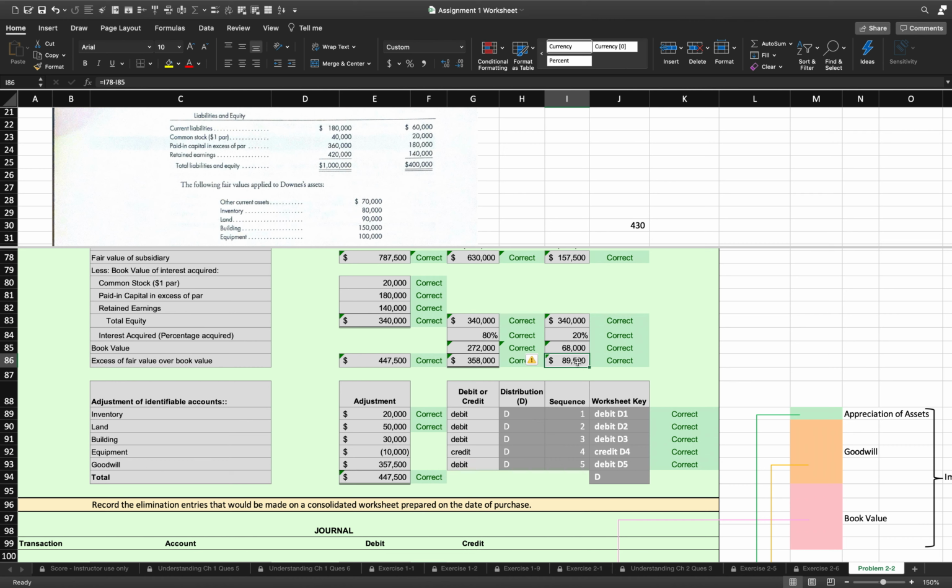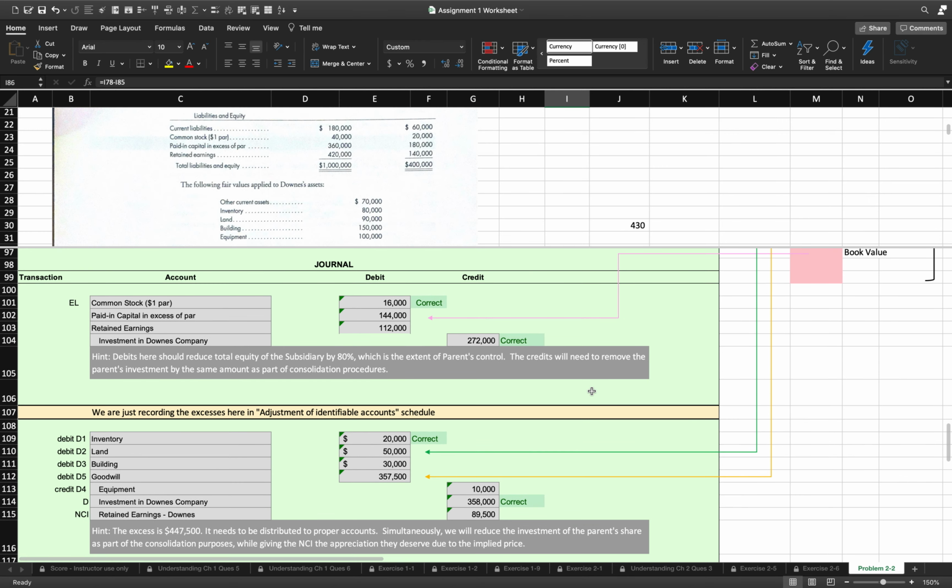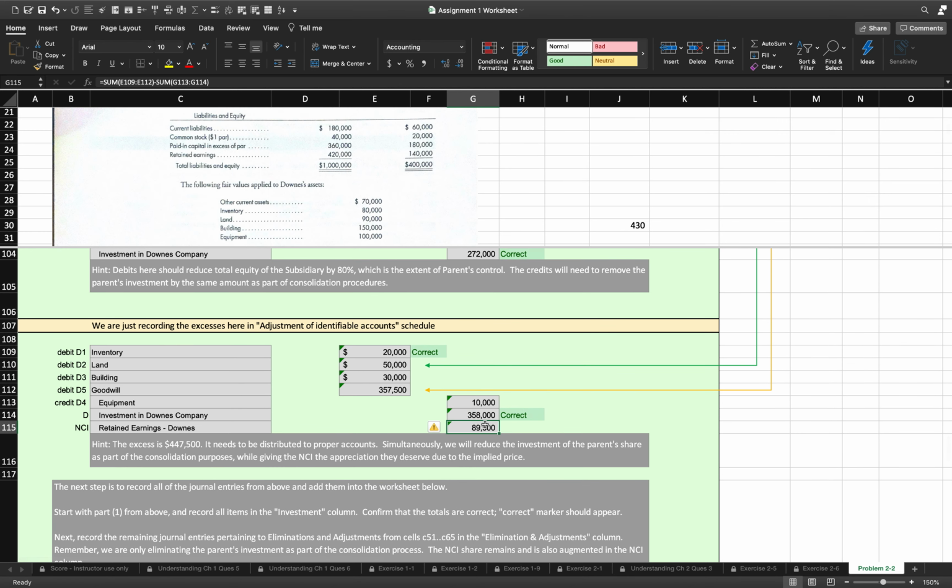So we want to give them this extra value through this entry. We recognize that their retained earnings value has increased because of this excess. Imagine you had a car and you sold it, and somehow you received more money for it. And part of that car was, say, owned by a friend of yours.